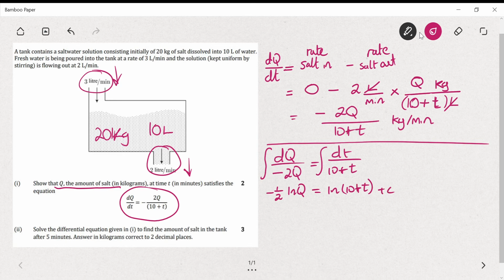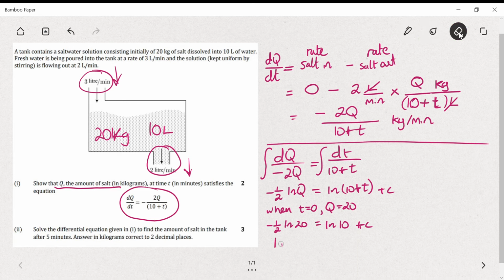Plus C, of course. Now when t equals 0, Q is 20 kilograms. There's 20 kilograms in there at the start. So minus a half natural log of 20 equals natural log of 10 plus C. So if I move that up there, that's actually natural log of 20 to the minus a half.